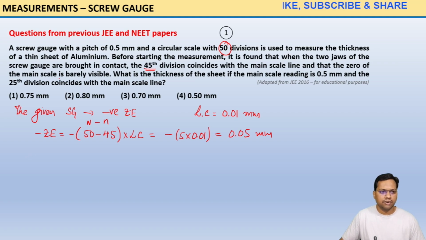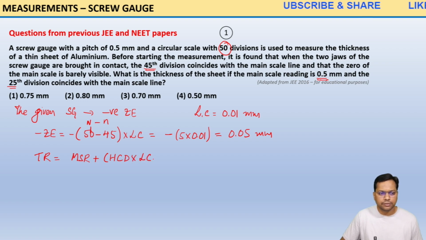Now we go for the calculation of the total reading. For that, we have to look at the last sentence. In the last sentence, it is given that the main scale reading is 0.5 and the 25th division is coinciding, that is HCD is 25. So we go for the total reading. Total reading is equal to MSR, main scale reading, plus HCD, head scale coinciding division, into the least count.